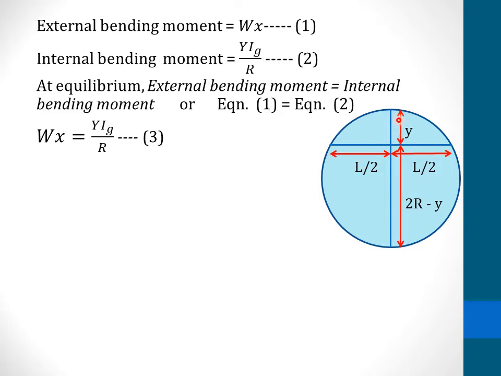The diameter is also divided into two segments. One segment has a length y and the other segment in the diameter has a length 2R minus y, where R stands for the radius of the circle and y stands for the elevation. L here stands for the length of the beam between the two knife edges at A and B.